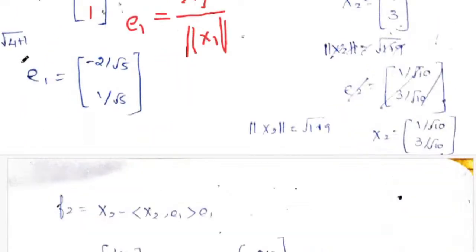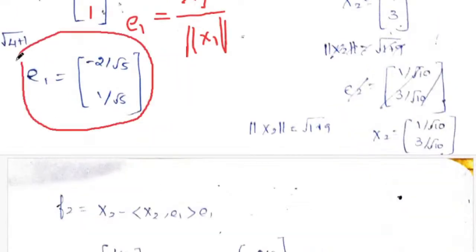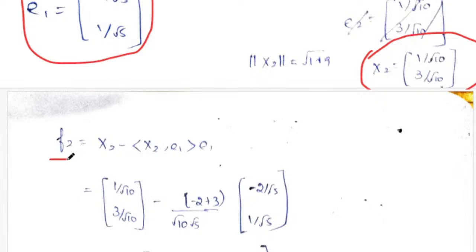We have found E, and this is X. So we are finding F2. F2 is defined by X2 minus the inner product of X2 with E1, times E1.